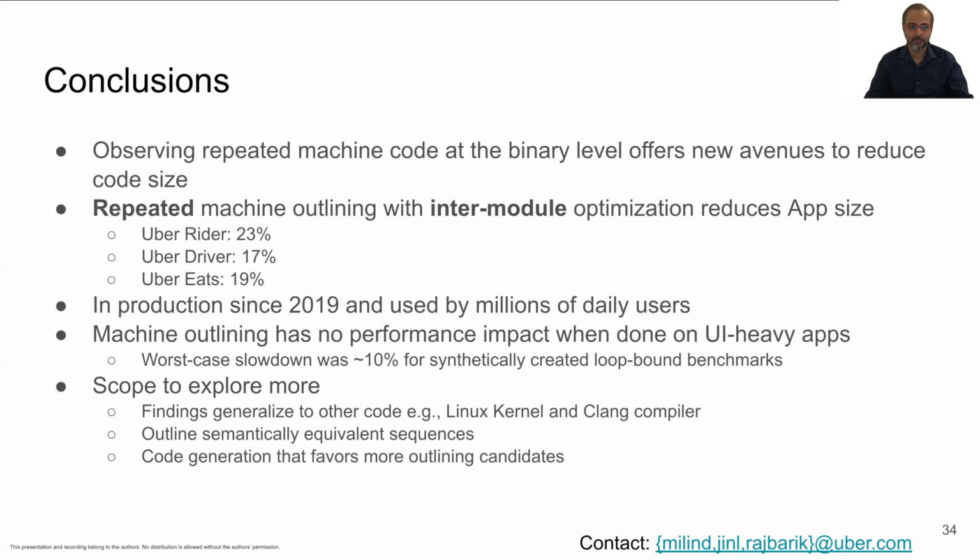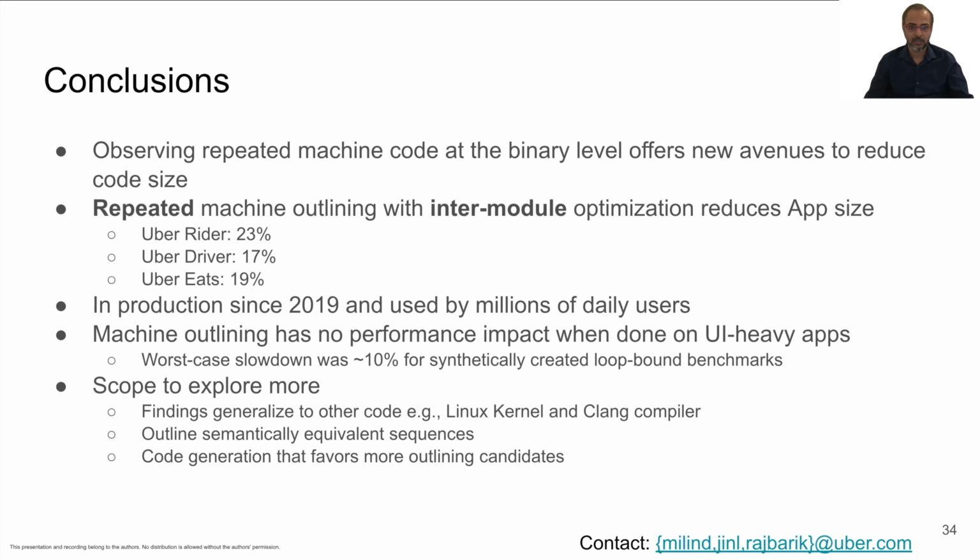To conclude, observing repeated machine code at the binary level offers new avenues to reduce code size. Repeated machine outlining with intermodule optimization reduces app size. We were able to reduce the Uber rider code size by 23%.